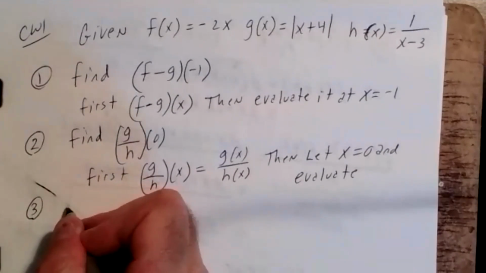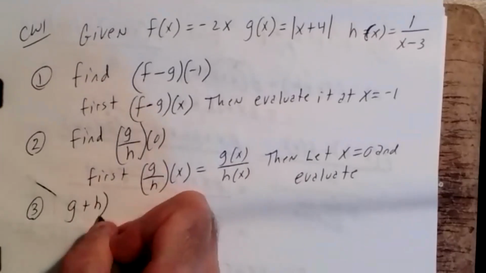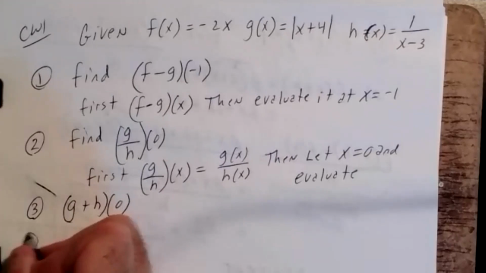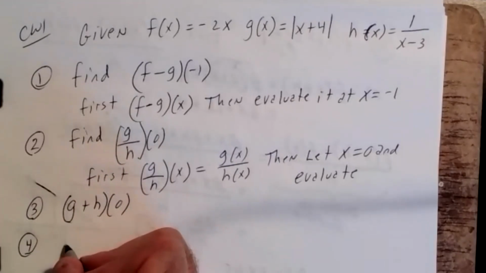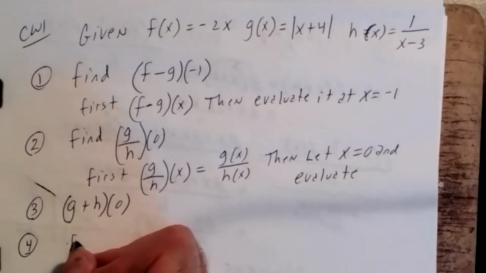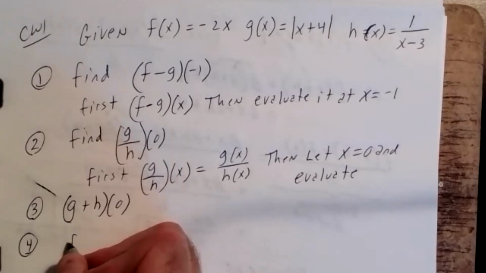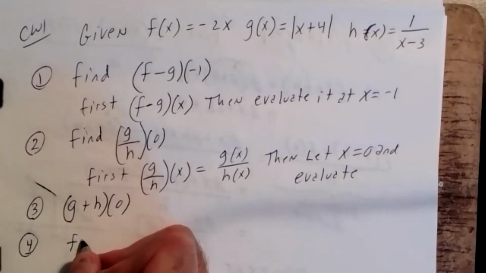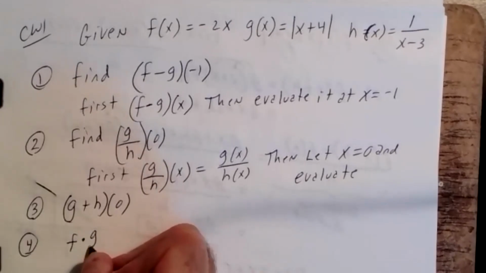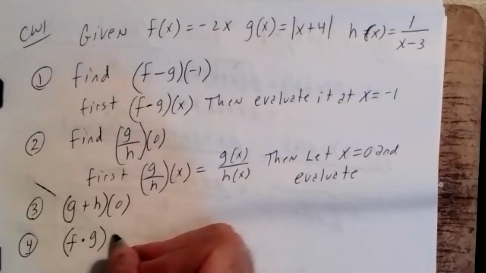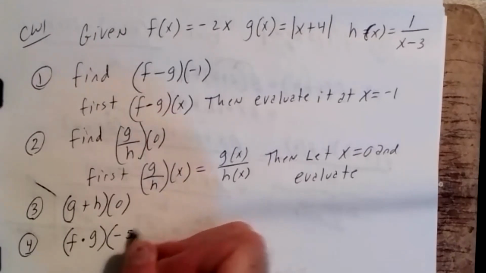Question number 3, g plus h of 0. And question number 4, I want you to find f times g, and then evaluate this at -5.